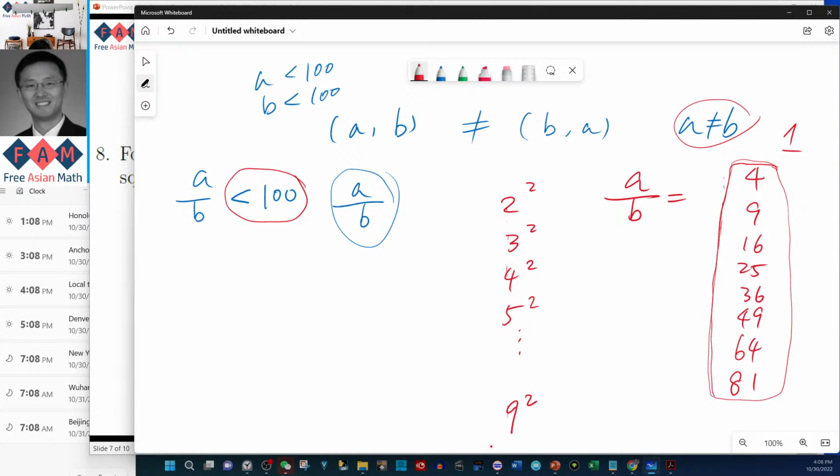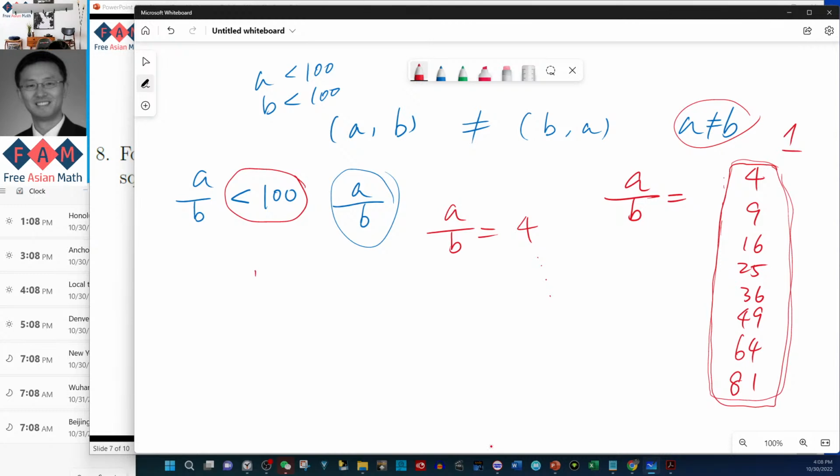So essentially, while we are doing constructive counting, we encountered casework ideas. So that means a over b can only be 4 and so on. So if that's the case, how do we do it? Well, at this point, we will do casework.